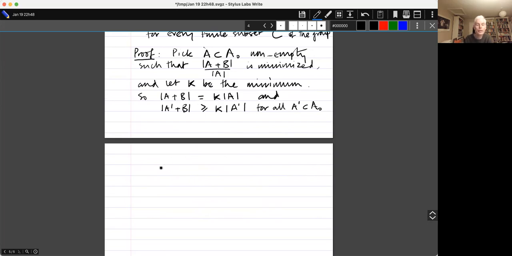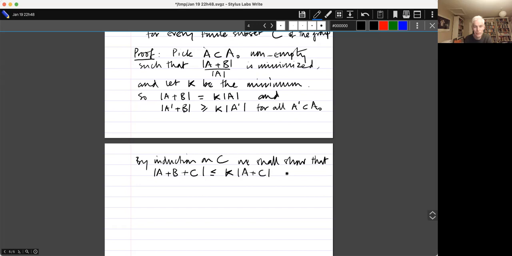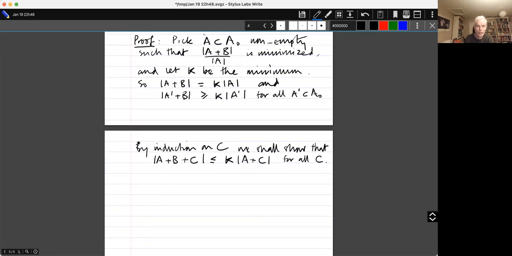Right. So now I want to prove by induction on C, we shall show that the size of A plus B plus C is less than or equal to K times the size of A plus C for all C. And now, if C is the empty set, then what does that tell us?